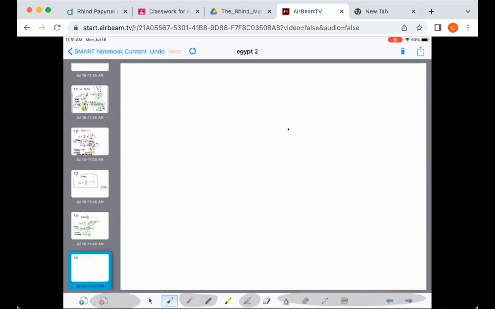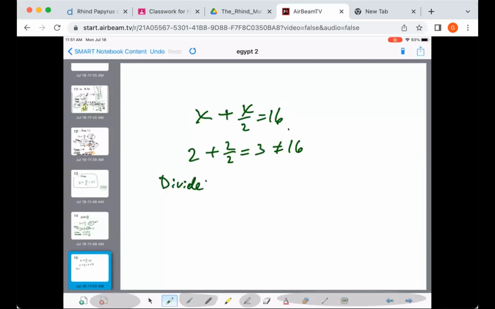But in our process, here I have x plus x over 2 equals 16. It's kind of annoying because when you put 2 in, you get 3, which is not 16. So I have to divide not 15 by 3, but 16 by 3. And that's annoying, right?